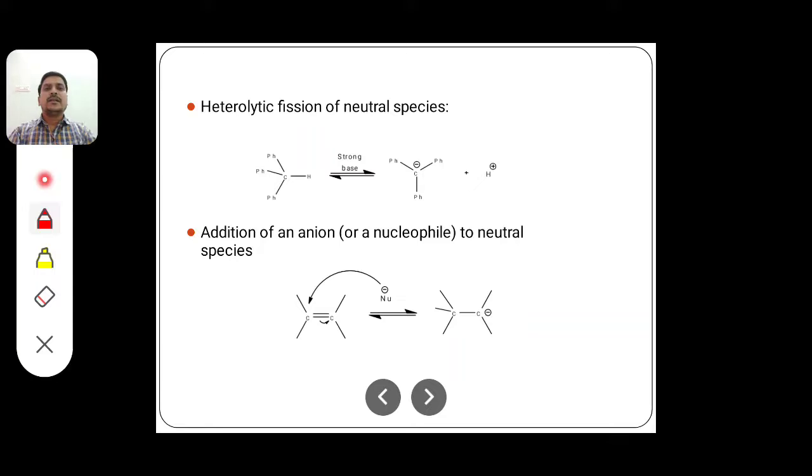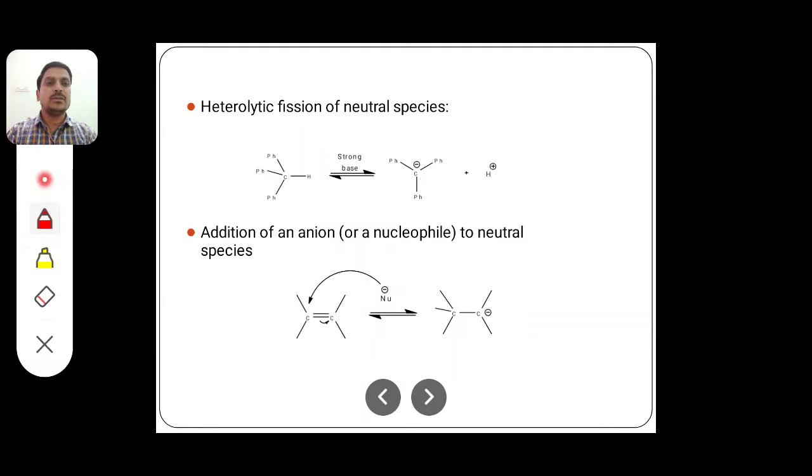Let us see next slide, how carbanions can be prepared. Methods of preparation of carbanion. First method mentioned here is of course heterolytic fission. Like in carbocation, carbocation can be generated by heterolytic fission when one of the groups around carbon leaves along with the bonded electron pair, leaving behind a carbocation. In contrary, when one of the groups around the carbon leaves without the electron pair, leaving behind the electron pair on carbon, it generates carbanion.